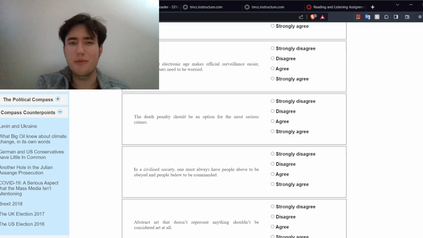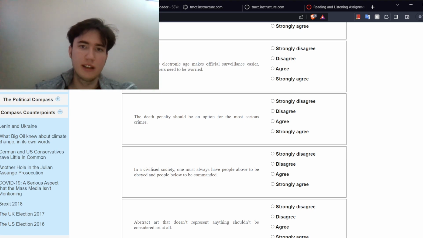I don't know what problems precisely it can cause. I mean, if surveillance actually does help curb terrorism and stuff, do I really care that they're spying on us?